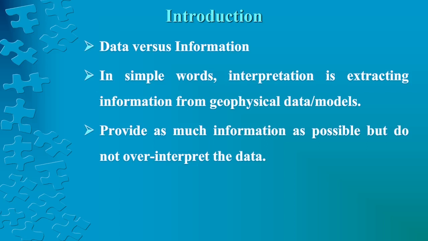Because I have seen a lot of reports when I was working in the industry that they're just writing, okay, there is a high resistivity anomaly at this part of the profile, which is important. Another low resistivity anomaly and high IP anomalies at the middle of the profile, at 300 meters depth, which is very, very nice and important.